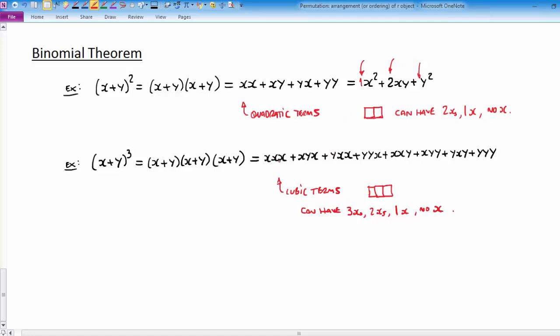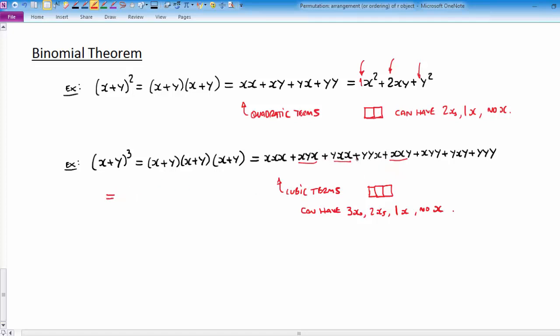In the cubic expansion here, we have only one term with three x's, and we have three terms with two x's. We have this one, there are two x's there, two x's, and two x's here.